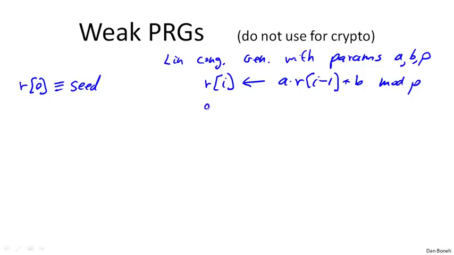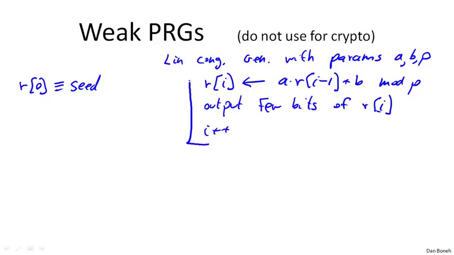Then you output a few bits of the current state, a few bits of r_i. Then, of course, you increment i, and you iterate this again and again. So you can see how this generator proceeds. It starts with a particular seed. At every step, a linear transformation is applied to the state, you output a few bits of the current state, and you do that again and again.